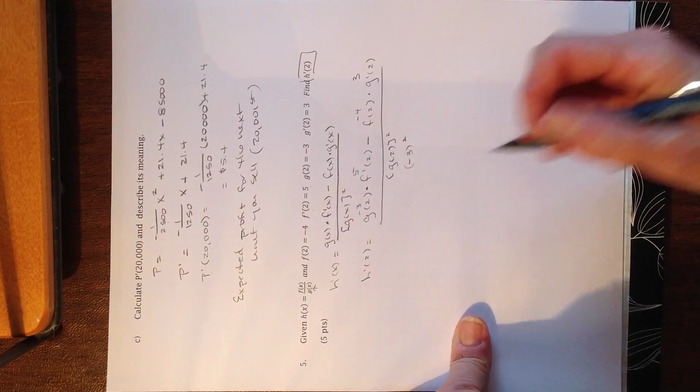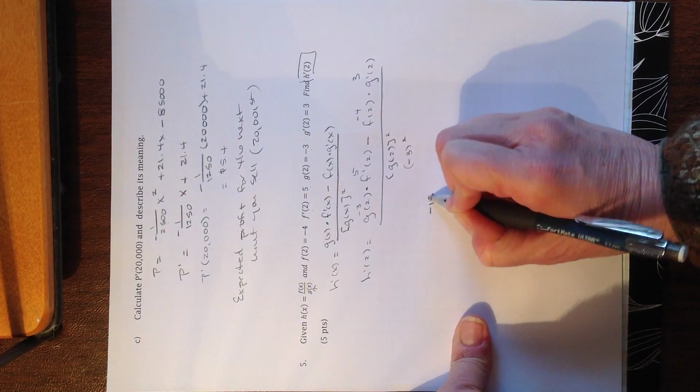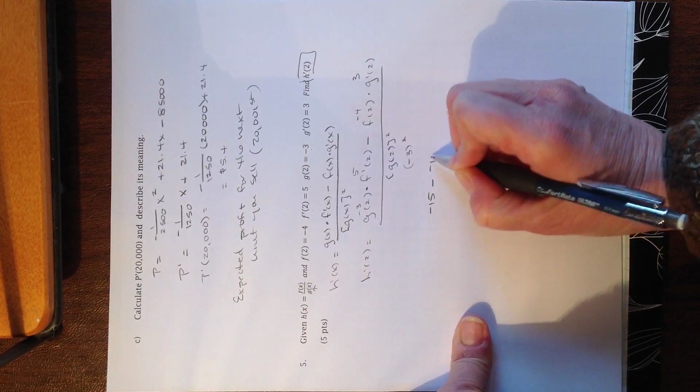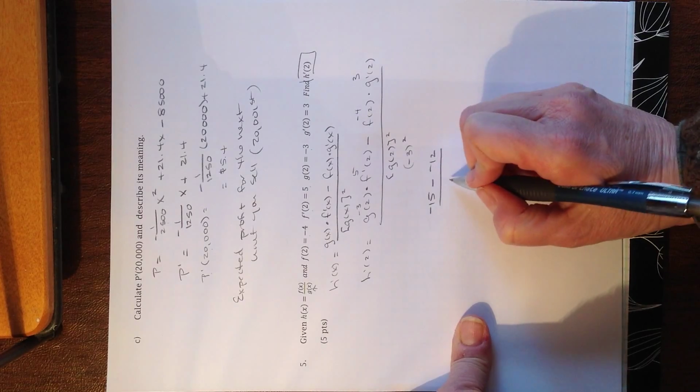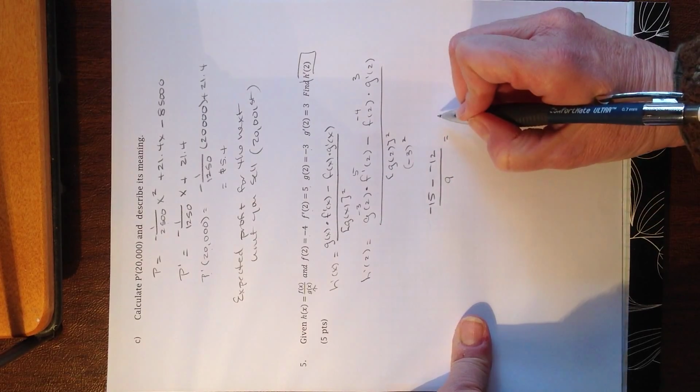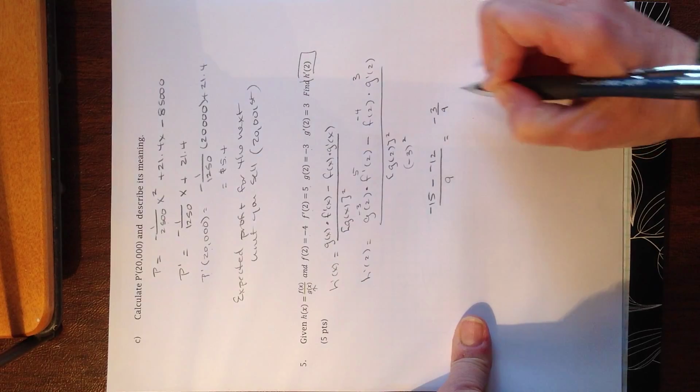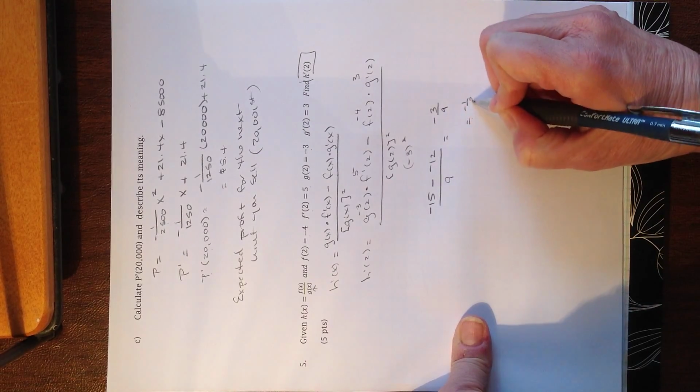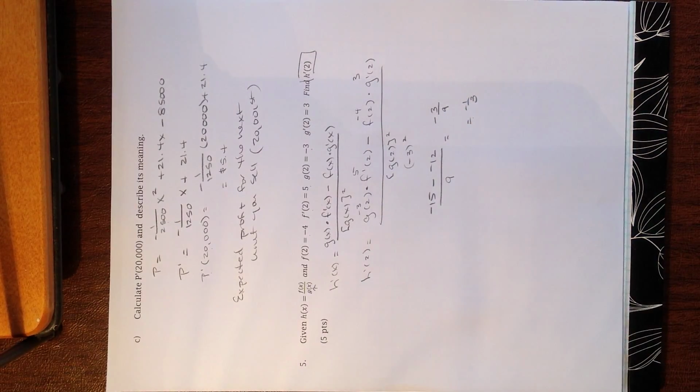So when I plug in everything I know, I get -15 minus -12 all over 9, which is -3 over 9, which is -1/3. And then I'm finished.